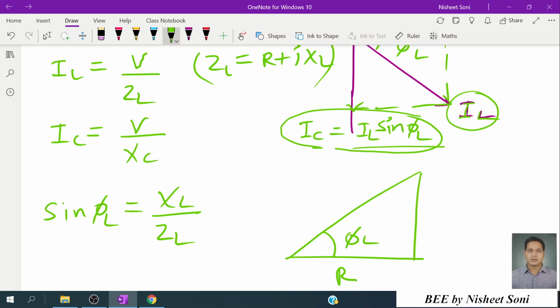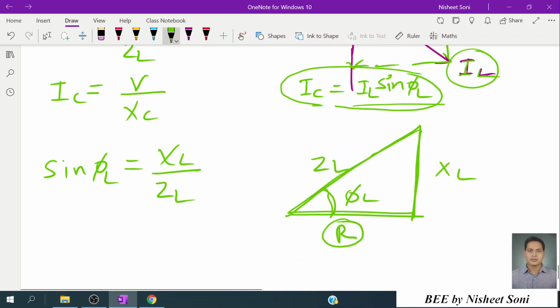How did it come? If we make an impedance triangle, this is R, this will be XL, and this will be ZL. By this relation of the impedance triangle, we can write sin phi L equals XL by ZL.